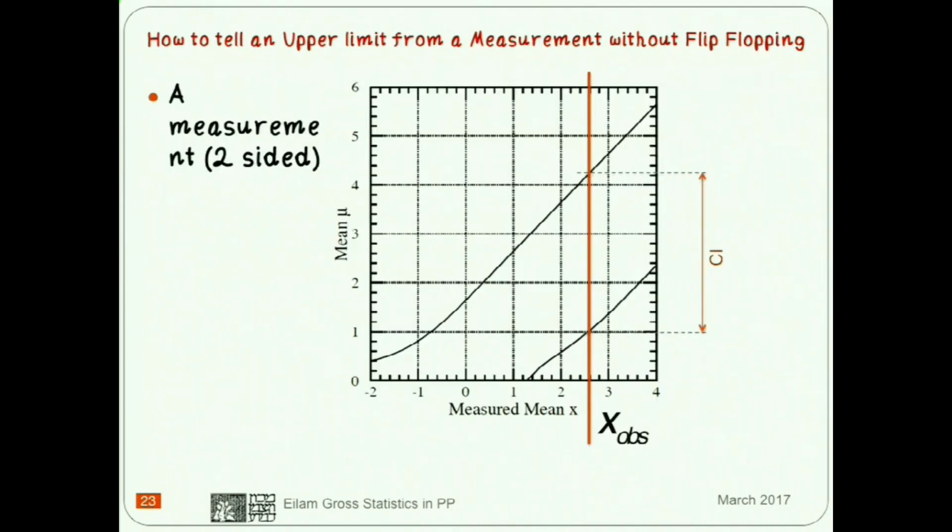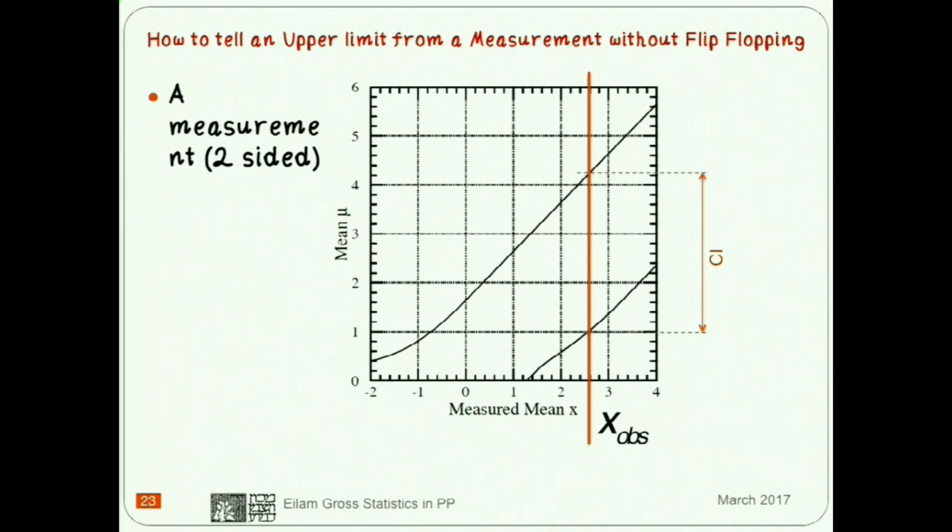And this is the result they got. When they build a confidence belt, if the observation occurs here, they have a two-sided interval in the true parameter value. This is the measured parameter value. And this is the measured parameter space, and this is the true parameter space.